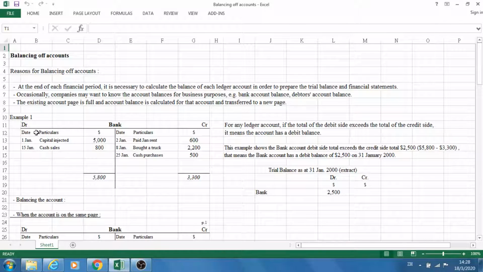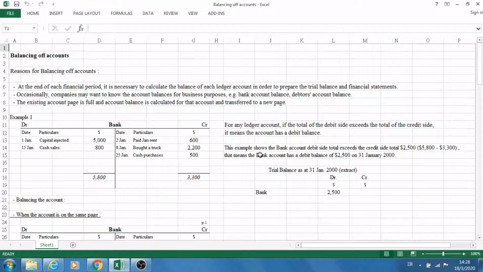Example 1. This is a bank account. The debit side total is 5,800. The credit side total is 3,300. For any ledger account, if the total of the debit side exceeds the total of the credit side, it means the account has a debit balance.